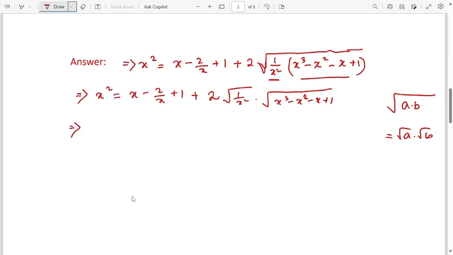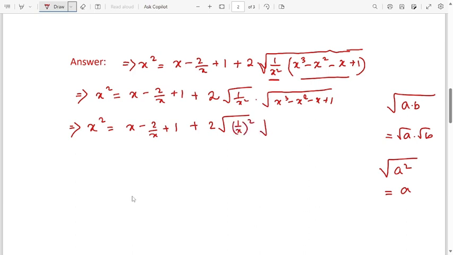Then x square equal to x minus 2 by x plus 1 plus, what will be the square root of any whole square term? The square root of a square equals a. I have already told you. So that means square root of 1 by x whole square is 1 by x, then square root of x cube minus x square minus x plus 1.